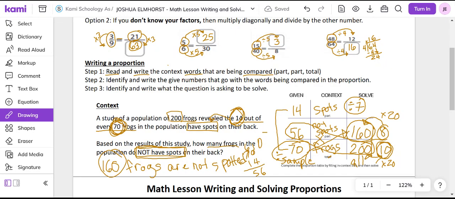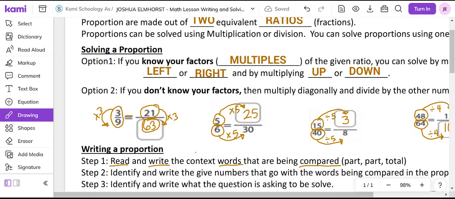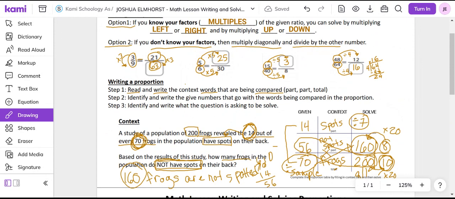So both methods work. So option one, if you know your factors, use them to solve. But then option two, if you don't know your factors, well then multiply diagonally, and then you can divide by the other number using cross product method, and it's still going to give you the same result for the proportion.